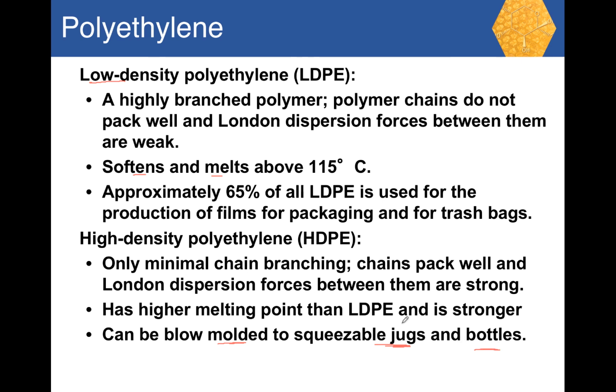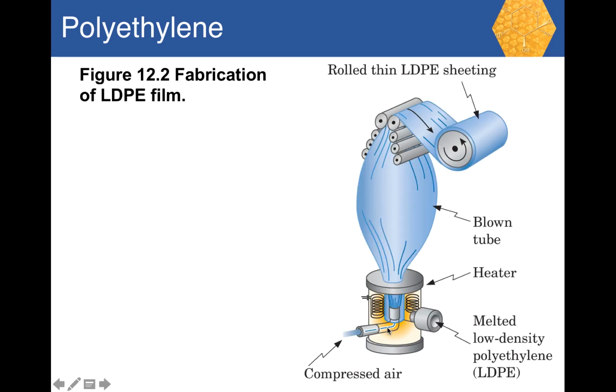Some of the water bottles that we have are made from that polymer. Another example of its use is shown here, and this is a type of saran wrap. So you can see here how it's made. Here we have air coming in, here's a polymer, and we can put air into it so we can have it rolled into a sheet, and that's what's produced as the saran wrap sheet, because it's from the polymer here.